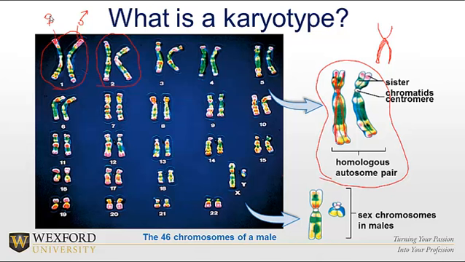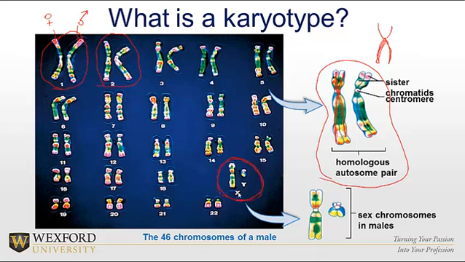So we can actually do this karyotype and look at a person's whole set of chromosomes, all 23 from mom, 23 from dad, 22 autosomal pairs, these first 22 along here, and then right here, there's that 23rd set, which is the sex chromosomes.